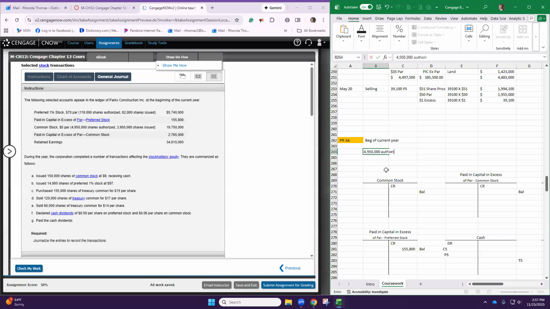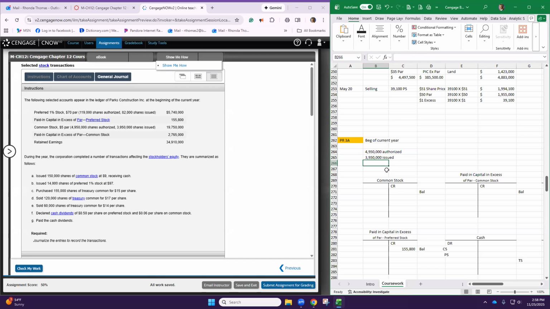So it's good to know the difference between authorized and issued and outstanding. And I will explain outstanding here in a minute. Okay, we've got 3,950,000 issued. Okay, that's how much has been sold.